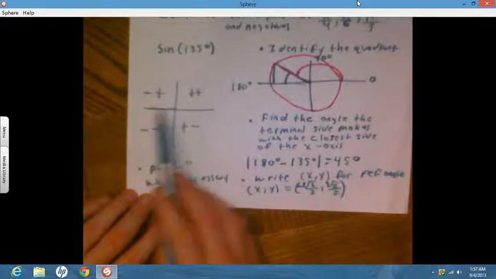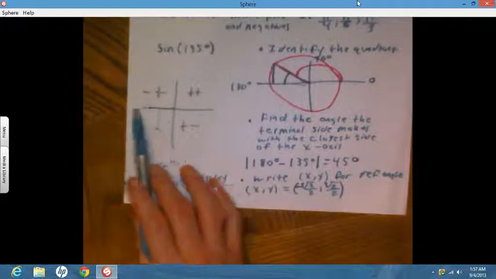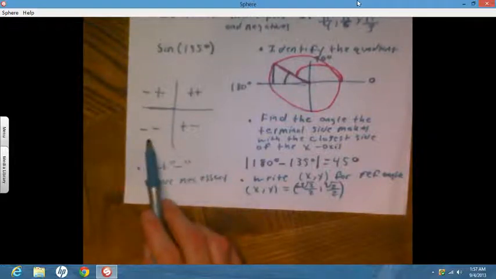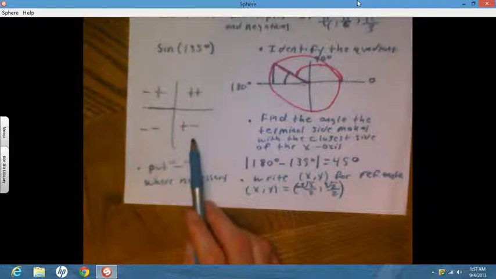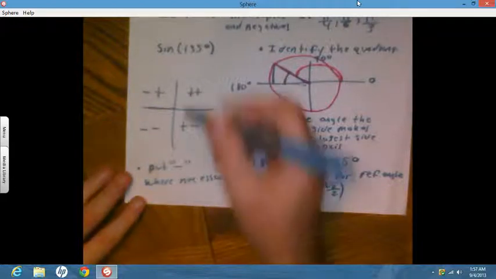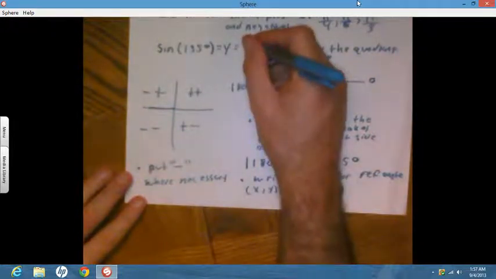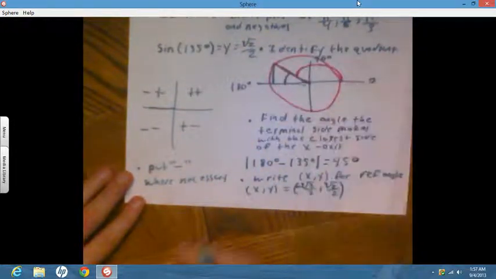If you're in the second quadrant, make the x negative. If you're in the third quadrant, make them both negative. If you're in the fourth quadrant, make the y negative. Here I made my x coordinate negative. Okay, so I know x and y. Well, I know that my sine up here is going to be equal to my y coordinate. Well, my y coordinate is just the square root of 2 divided by 2. Okay?